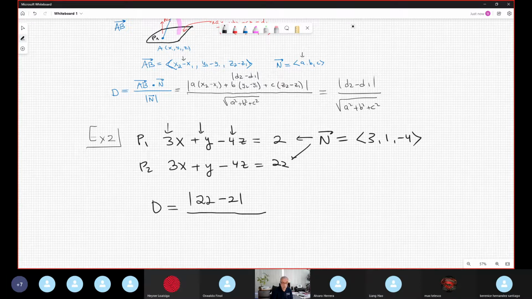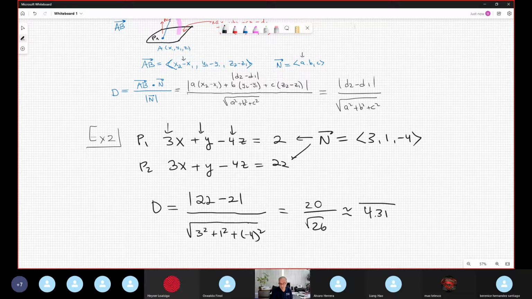Divided by the square root of the magnitude of the normal vector, which is 3 squared plus 1 squared plus -4 squared. So this is 20 divided by radical 26. And this is approximately, to have some idea geometrically of how far the planes are, 4.31 approximately. End of story.